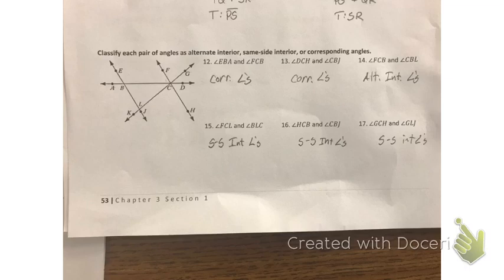Maybe I made a mistake. I've done it once in my life. All right, so we have GCH. So we create that angle. Then we're going to have GLJ.